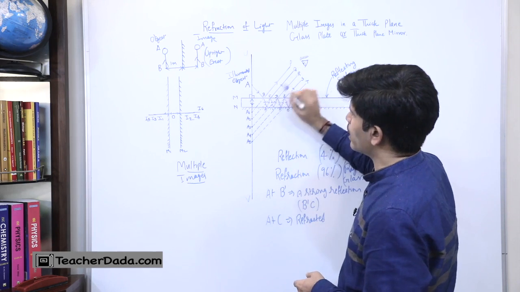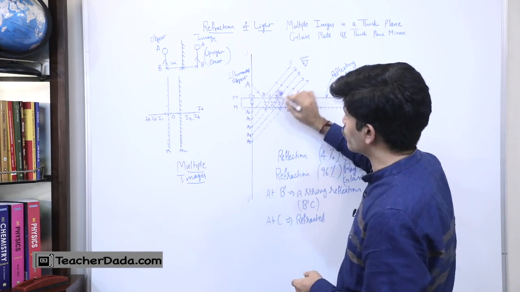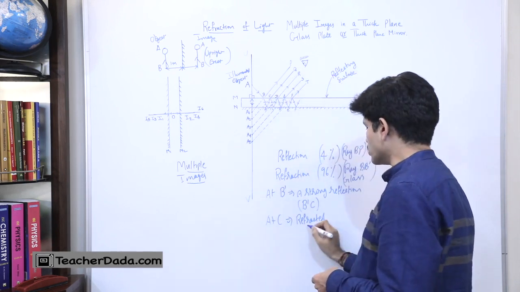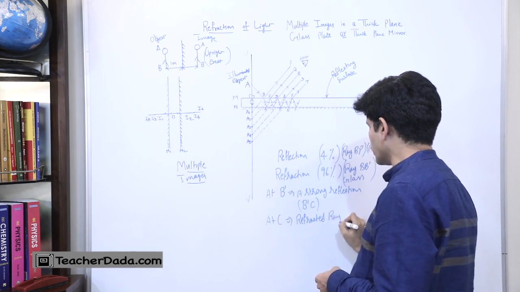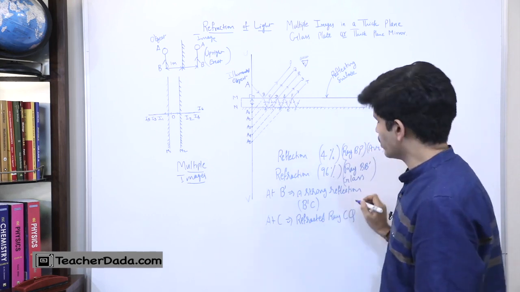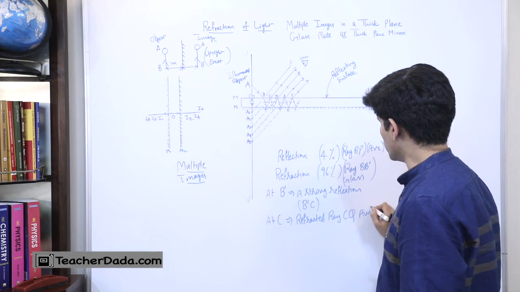It is going from glass to air, so it will be refracted away from the normal. This refracted ray CQ is in air.